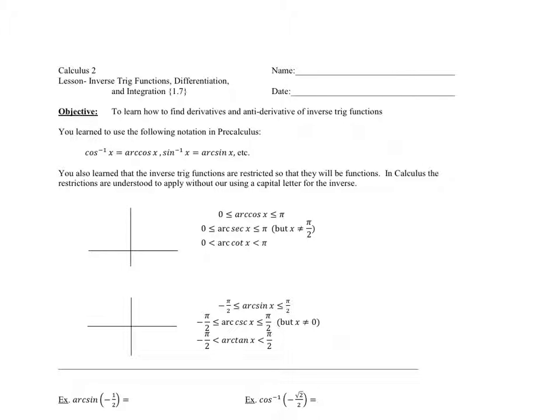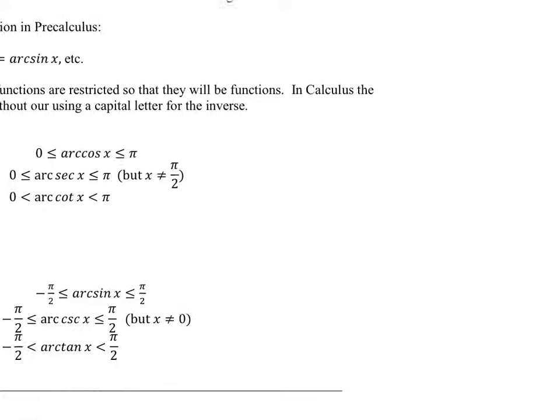So we'll start off, just off on the side here, I'm going to draw an ordinary cosine function on 0 to 2 pi.